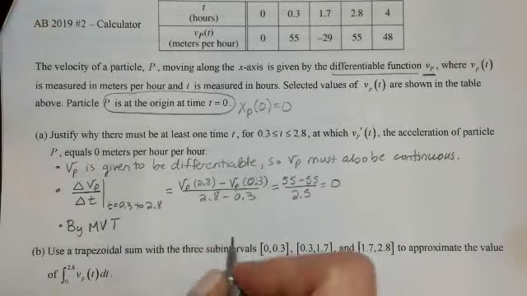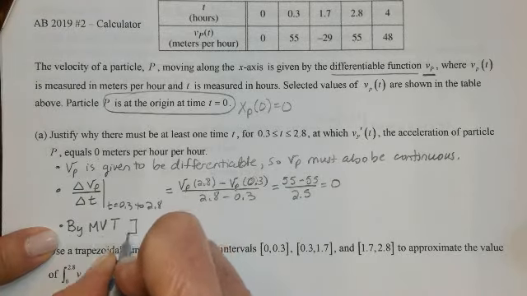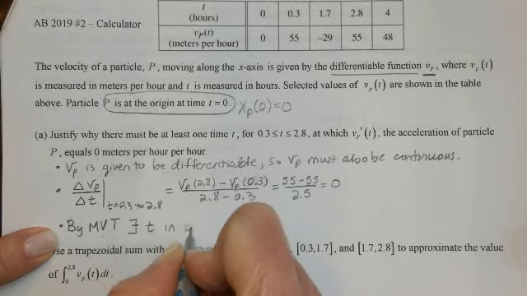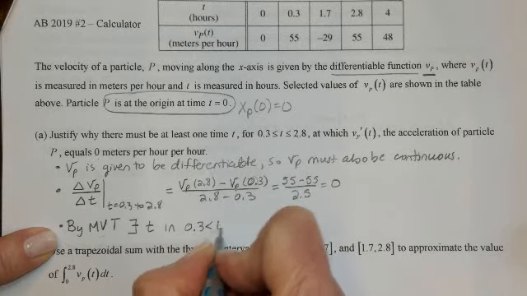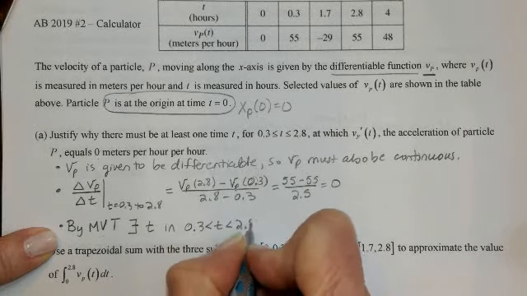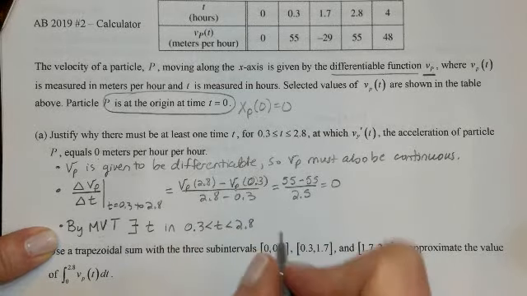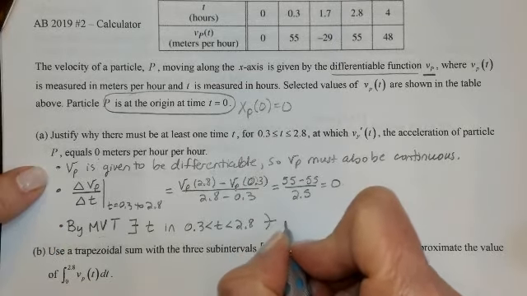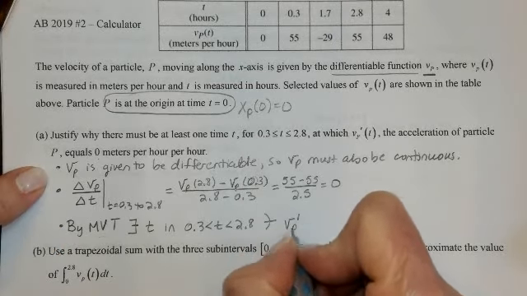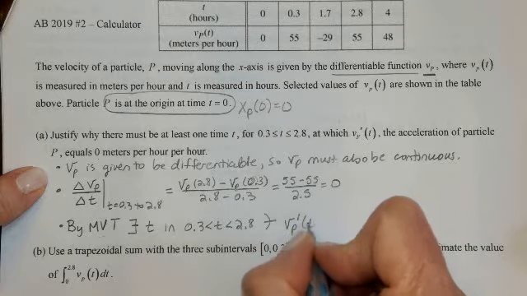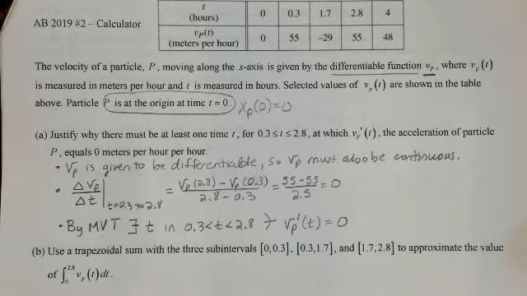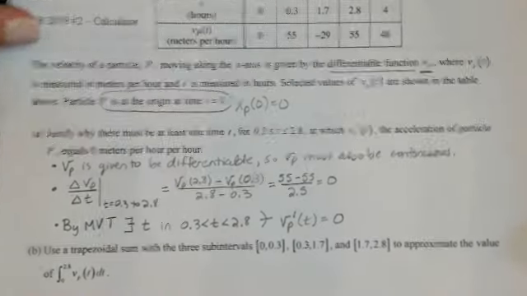I'm going to use my little symbols. By MVT, there exists t in between 0.3 and 2.8, such that V sub p prime at t is equal to 0. And that will take care of that statement with a few little symbols.